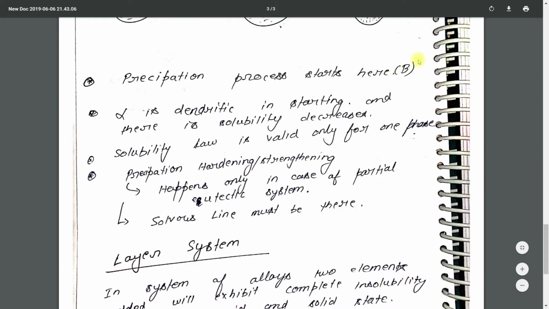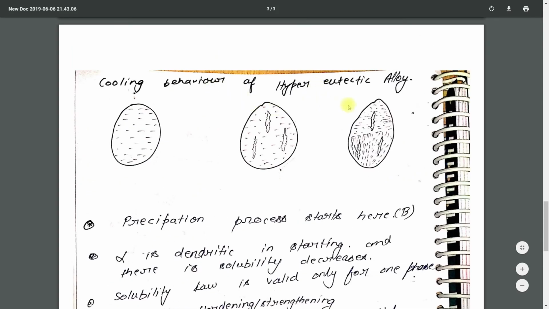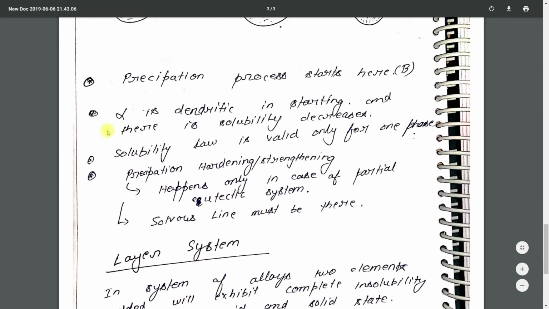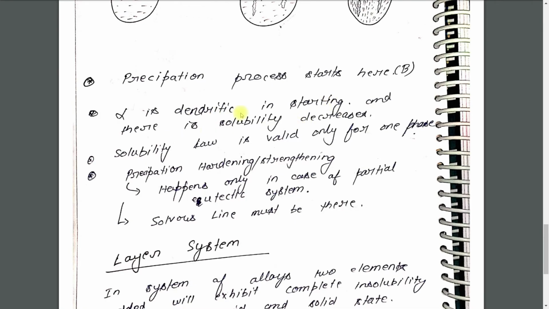And in the case of hypereutectic, then there is alpha precipitation here, and beta solidifies, meaning dendrites. Alpha is dendrite in the starting and the solubility decreases. When alpha dendrite formation takes place, then solubility decreases due to precipitation formation.